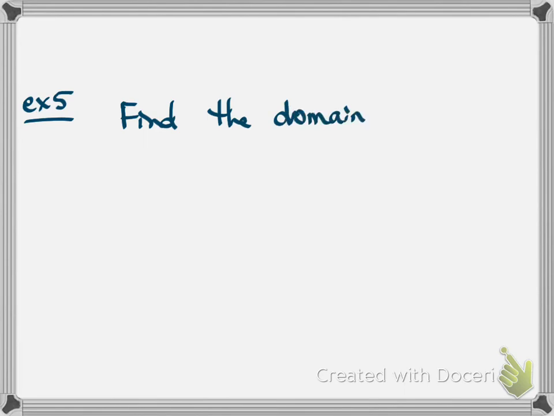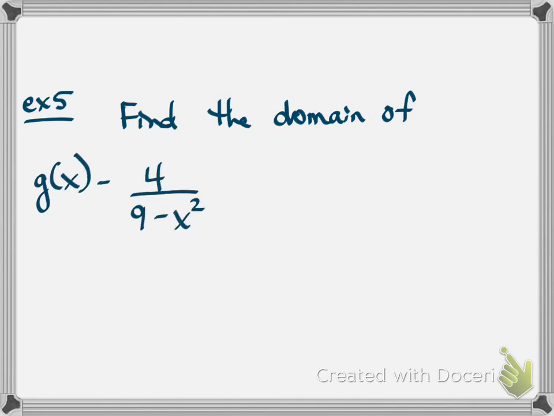Okay, we'll be doing example 5. Find the domain of g of x equals 4 over 9 minus x squared.